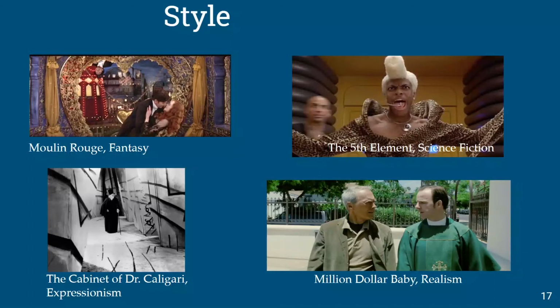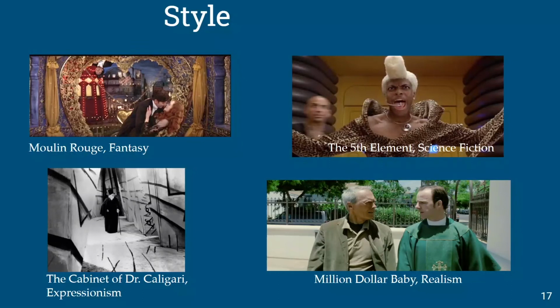So things like fantasy, science fiction, expressionism, which we could say is the modern equivalent to horror. There are varying degrees of all of these. There's a spectrum of fantasy and reality that any genre could play at any moment, and it's just knowing where that degree is.